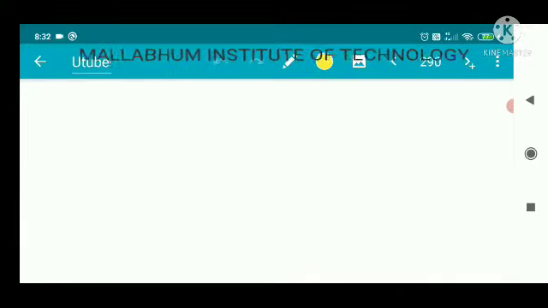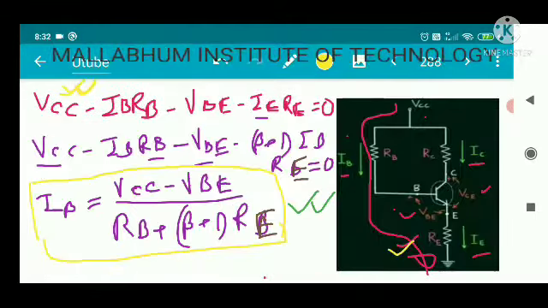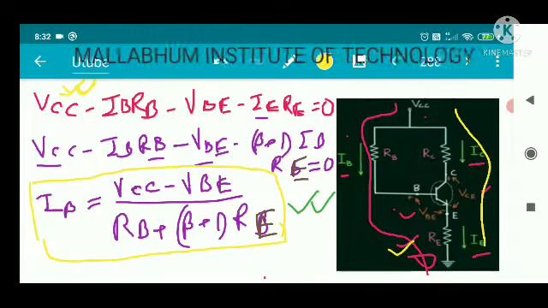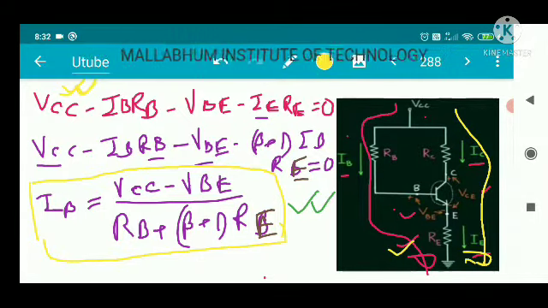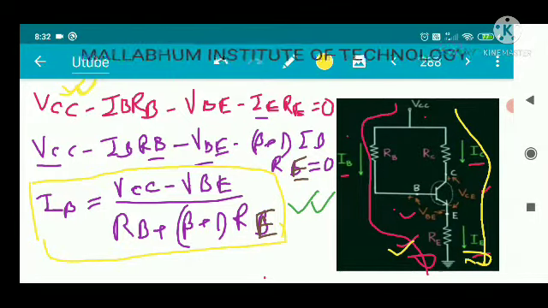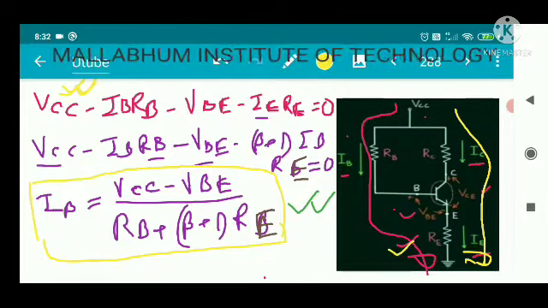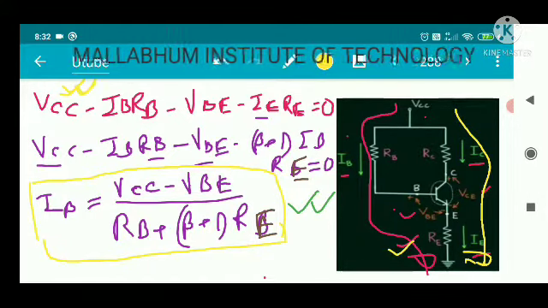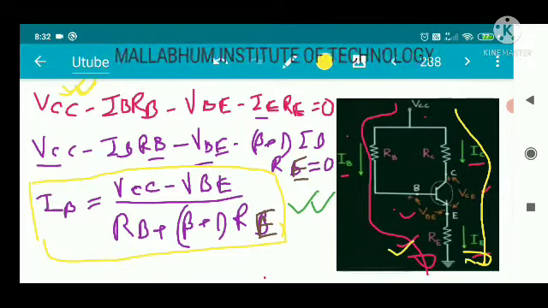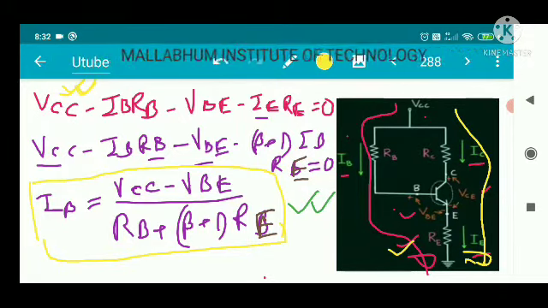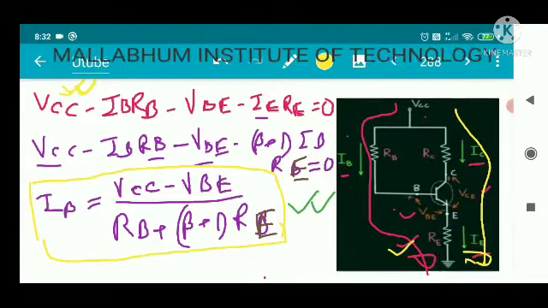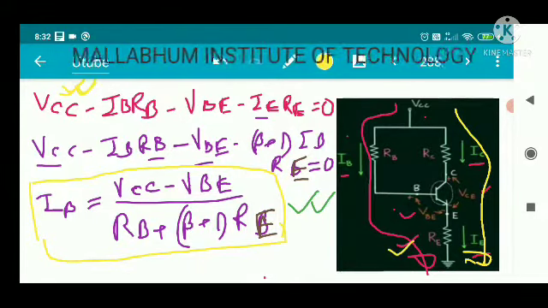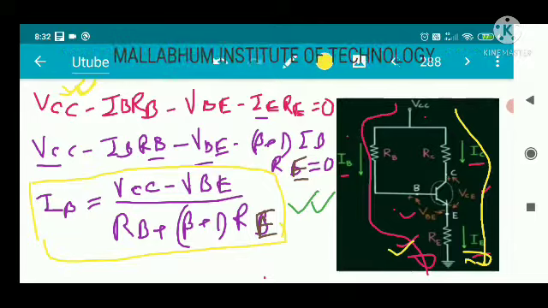Okay, so next we will apply the KVL at the output loop. If we apply the KVL at the output loop, what happens? VCC minus ICRC minus VCE minus IE into RE equal to 0.